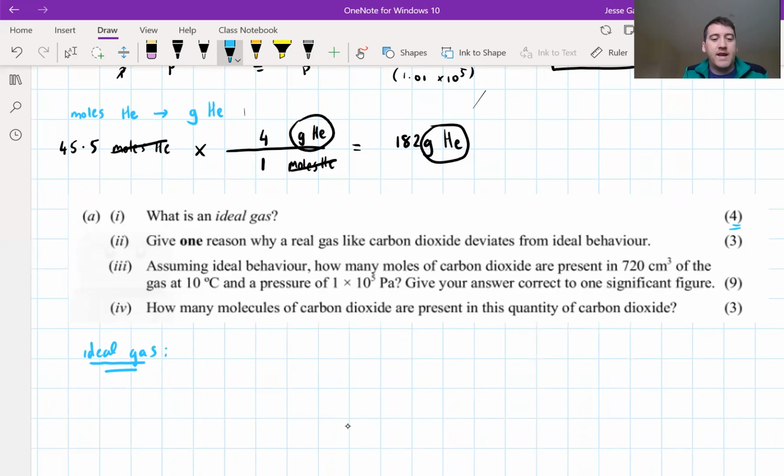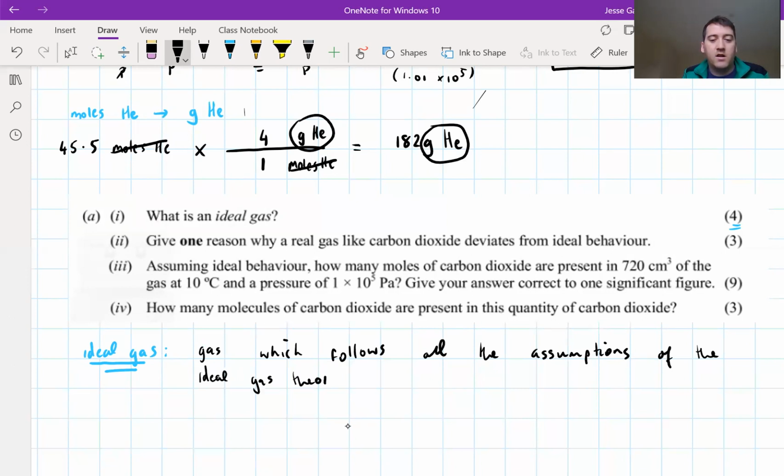This is what you should have said. It's a gas which follows all the assumptions of the ideal gas theory, under all conditions of temperature and pressure.